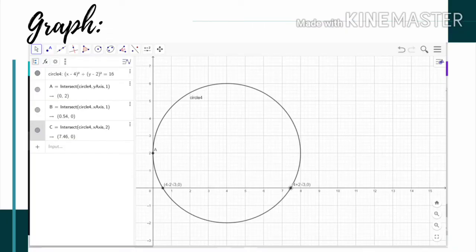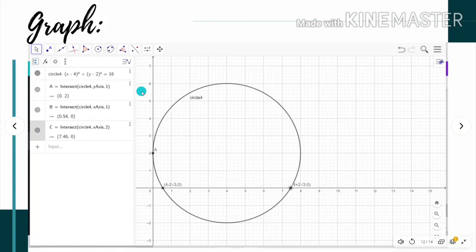So here we go. This is now the graph of our fourth circle, which has the standard form (x minus 4) quantity squared plus (y minus 2) quantity squared is equal to 16, which is our r squared. So we have here points A, B, and C. Point A is our y-intercept.